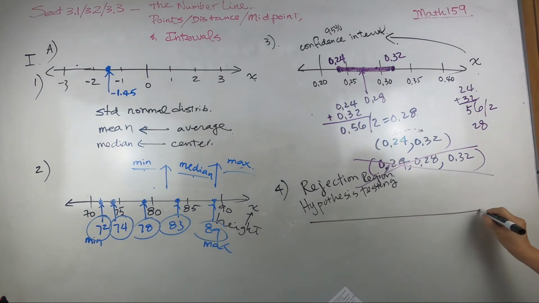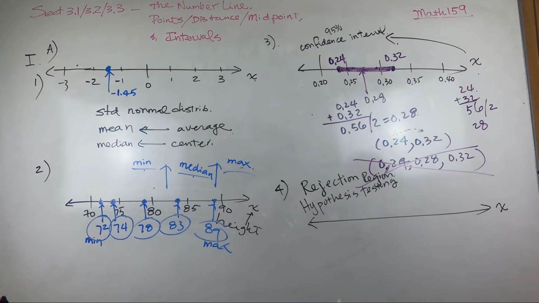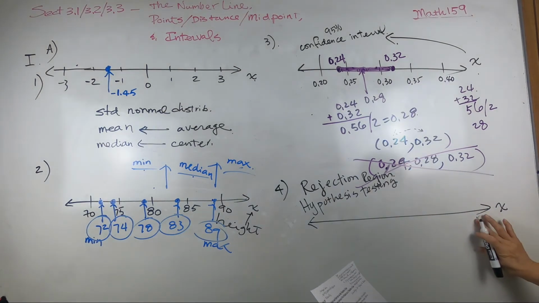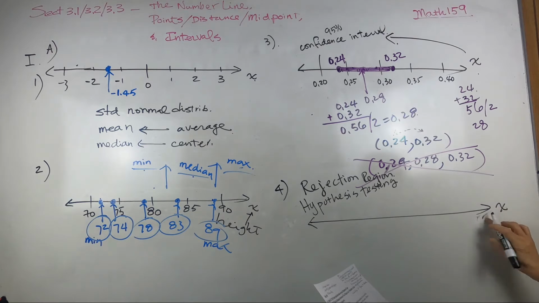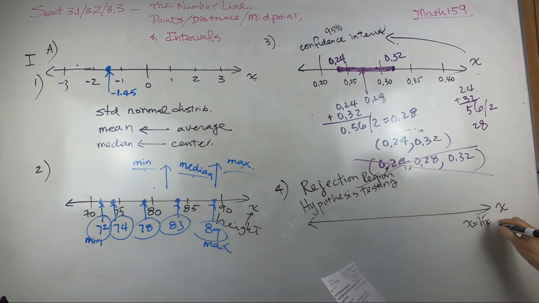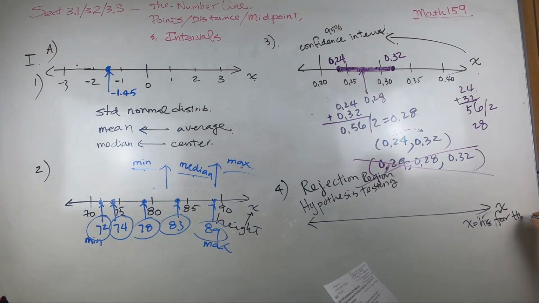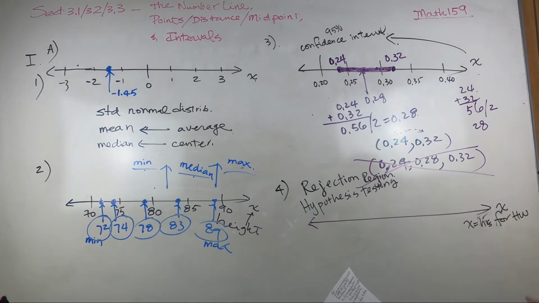So if we graph a number line, that's the study for your X. X is what? The number of hours, the hours to work on your homework. Hours for homework, right?